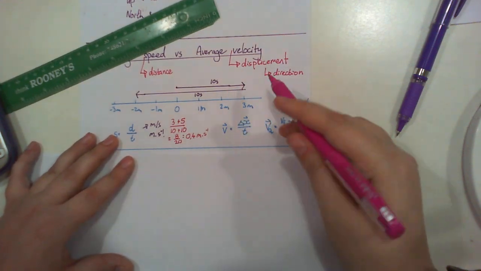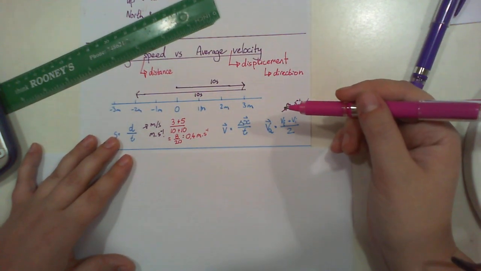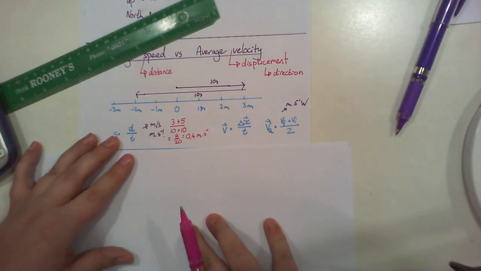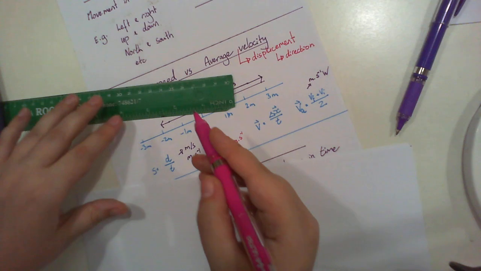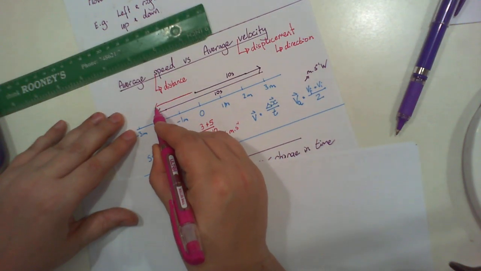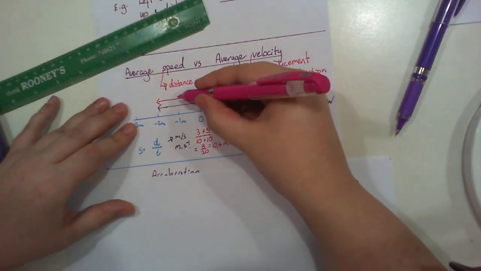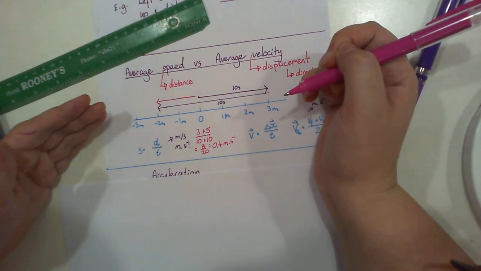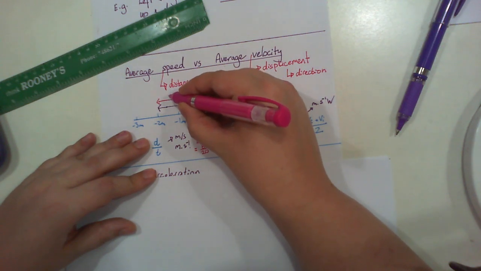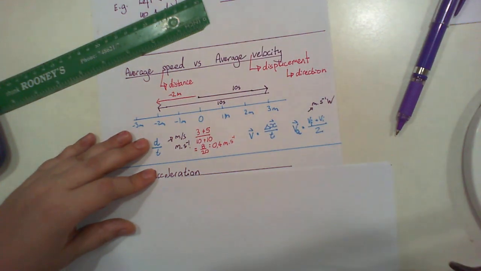What about our velocity? Our velocity, we need our displacement. Even if the question doesn't ask you to, you can just draw in your displacement vector, which is here. So what is our displacement vector? We can easily see that it was -2 meters, or 2 meters to the left.